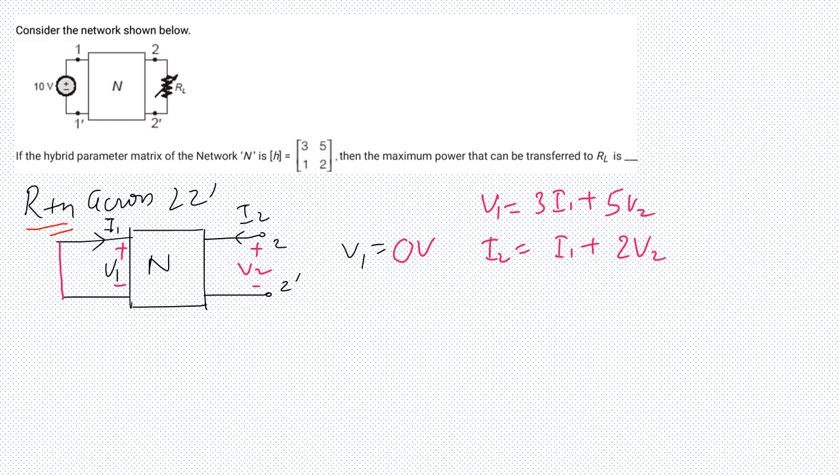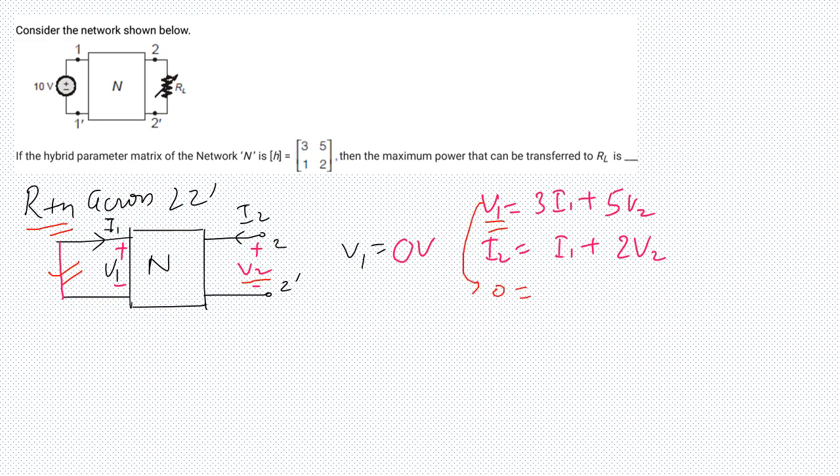So here the input voltage source we put as a short circuit, and we calculate the resistance by taking the ratio of V2 over I2. V1 is now made 0, since this red wire is connected across V1.